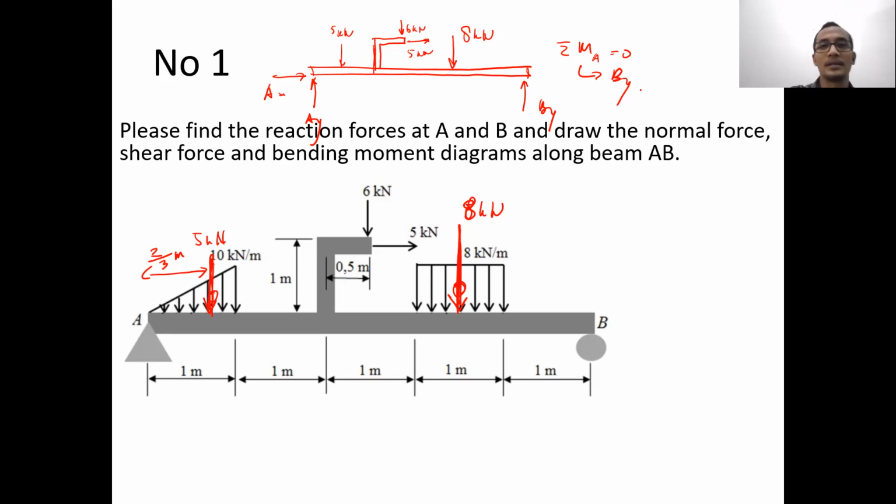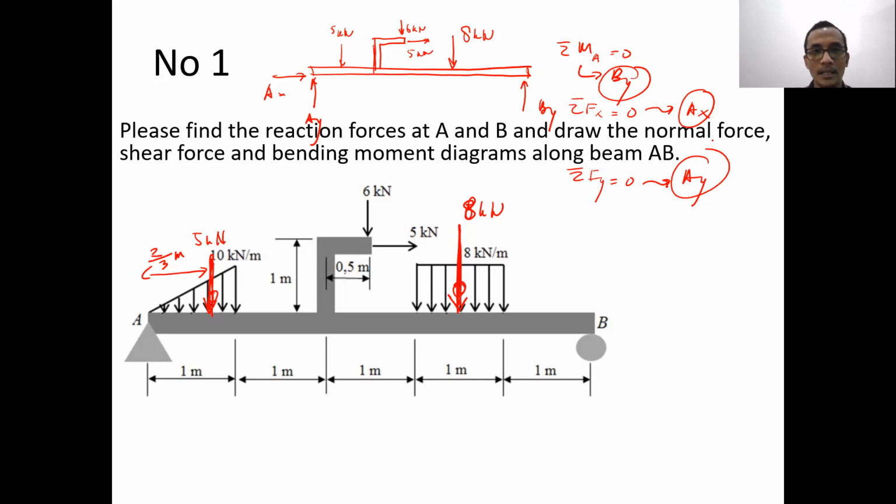Then using sigma Fx equal to 0, what we will have is Ax. Then using sigma Fy equal to 0, we will have Ay. So we will be able to find By, Ay, and Ax, right?